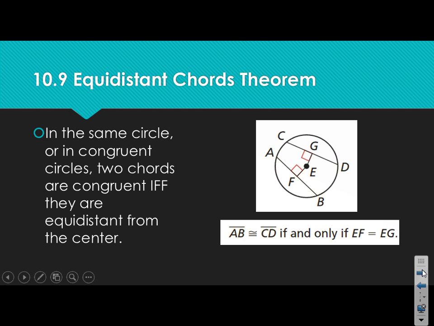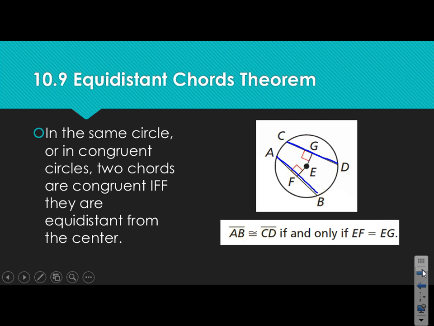All right, another theorem we have is 10.9, the equidistant chords theorem. This says, in the same circle or in two congruent circles, two chords are congruent if and only if they are equidistant from the center. If you look here, we're looking at chords AB and CD. Those are the two chords that need to be congruent.